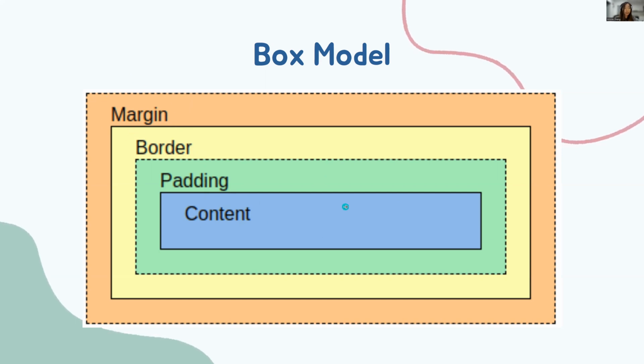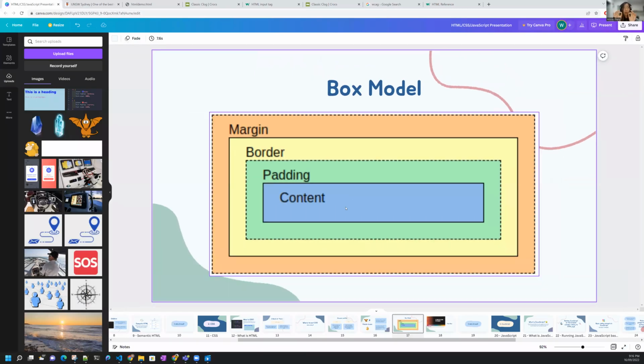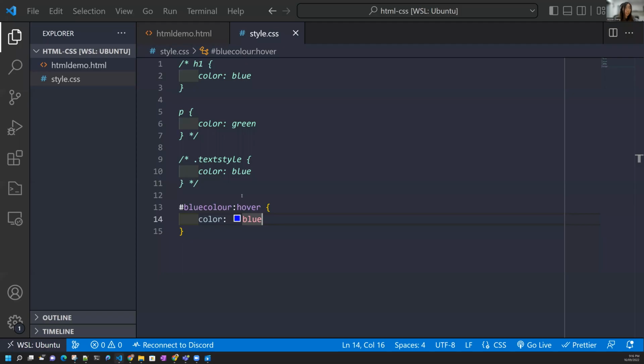If we had pictures and we wanted a bit of padding, that's really good because then the two pictures aren't stuck together. They have a bit of padding between each other. But let's look at that with what we have already.